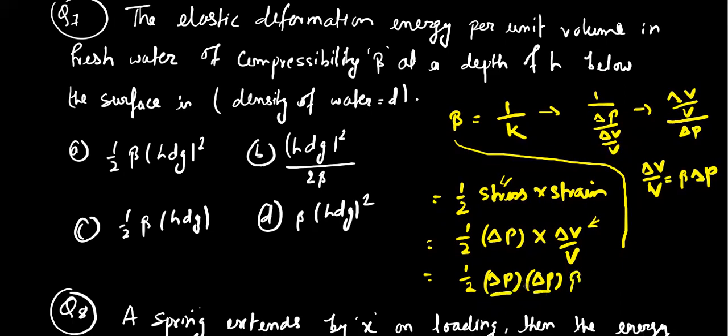So this is del P times del P, that means change of pressure, and it is given here that the object is placed in water, that's why the change in pressure is hdg, squared, and beta. So I think again the first option is the correct option. So option A is the correct option.